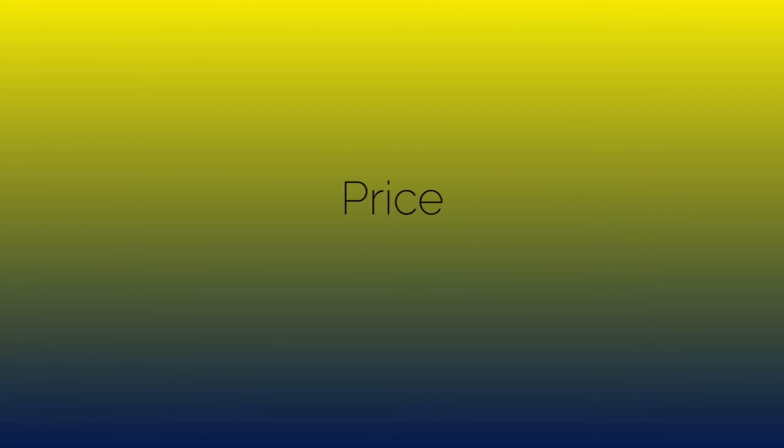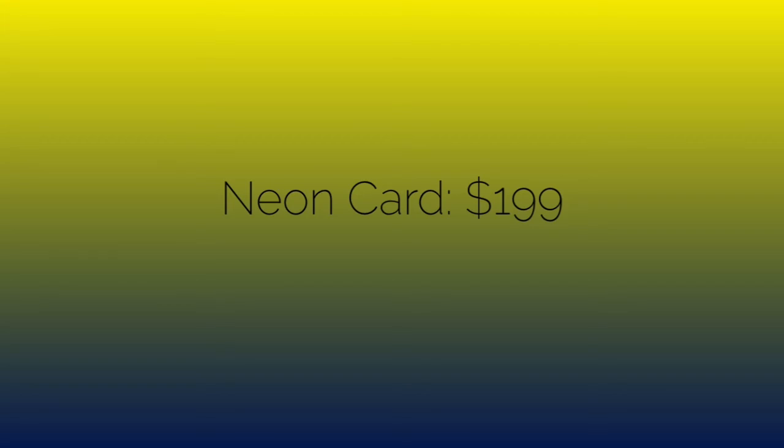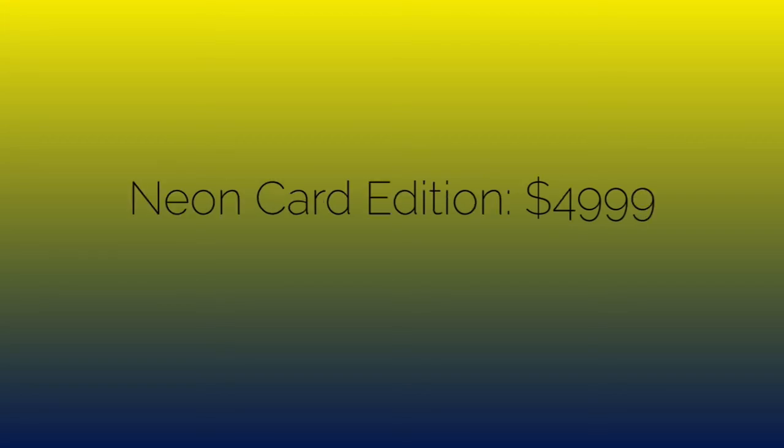And Neon Card Edition has a diamond or ceramic diamond glass front or sapphire front, and it's made of 18-karat gold. And in terms of price, Neon Card Sport is $79, Neon Card is $199, and Neon Card Edition $49.99.